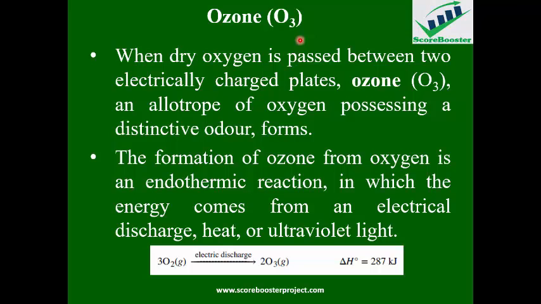When you have two plates facing each other and oxygen passes through, there is going to be a systematic transformation of oxygen into ozone. This is the reaction. The oxygen is rearranged to form ozone. It is an endothermic reaction because you can see this high amount of heat, 297 kilojoules.